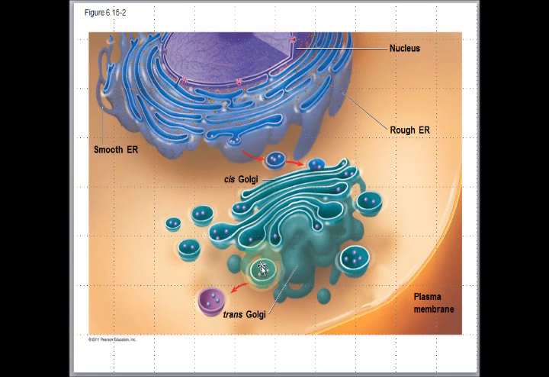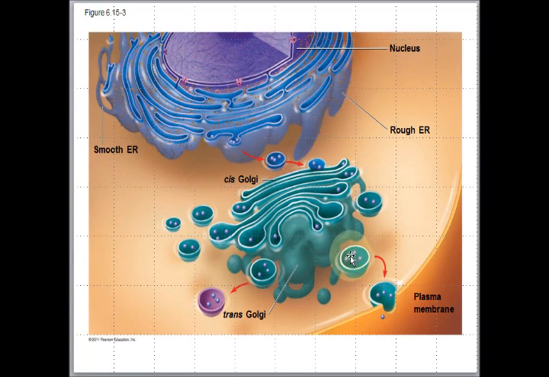It gets processed, and then here you have the trans side, the shipping side, and it is squeezing off more vesicles, transporting material maybe to another part of the cell or perhaps back to the ER or somewhere else. It also could be helping to create other vesicles like lysosomes and vacuoles.